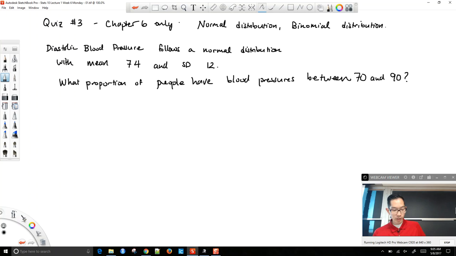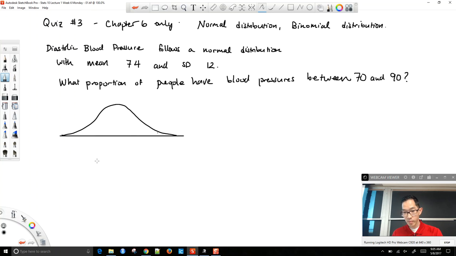The way we go about solving such a problem is we draw a picture kind of like this. So I'll draw my hill here, and we are centered at 74.